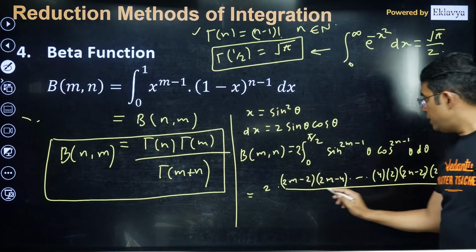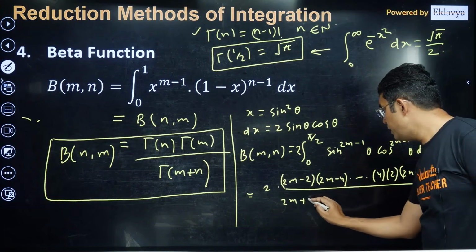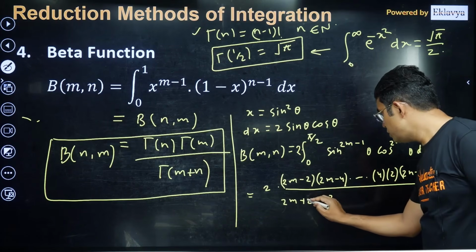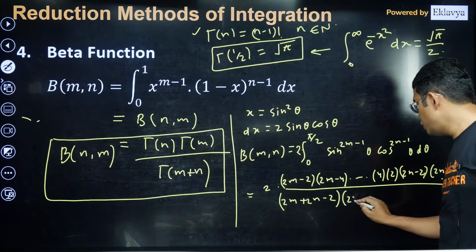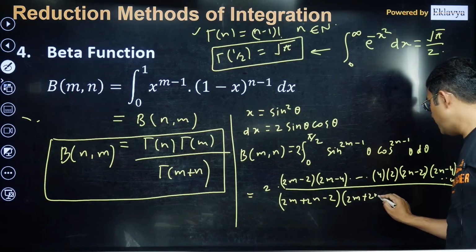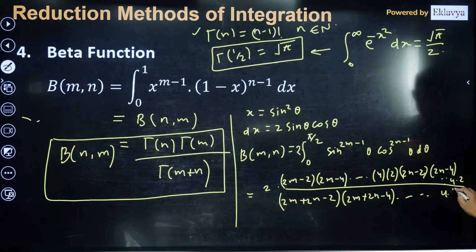In the denominator, it will be the sum of these two. So 2m plus 2n minus 2, and then you reduce it by 2, so 2m plus 2n minus 4 and so on. This will also end at 4 into 2.